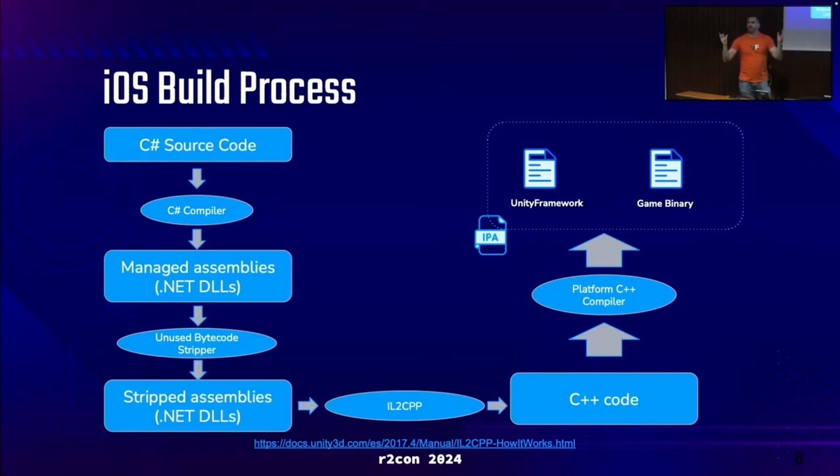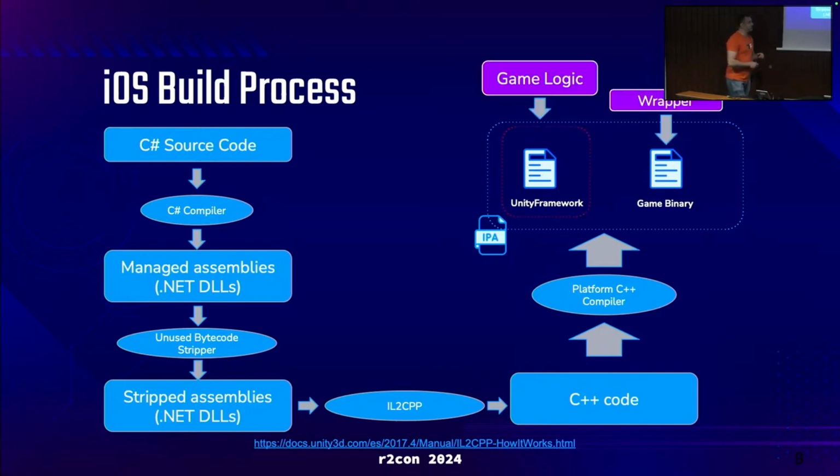If you open one Unity application, the IPA, which is the format iOS uses to distribute applications, in the end it's only a zip file. So you can just unzip the IPA. You're going to see all the files inside, and the important part is the library.